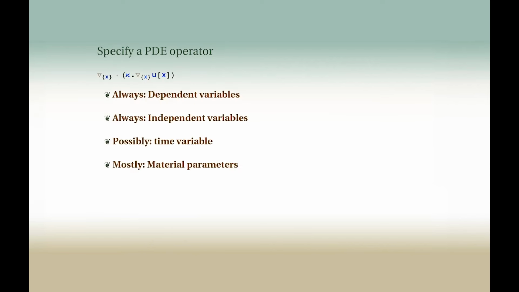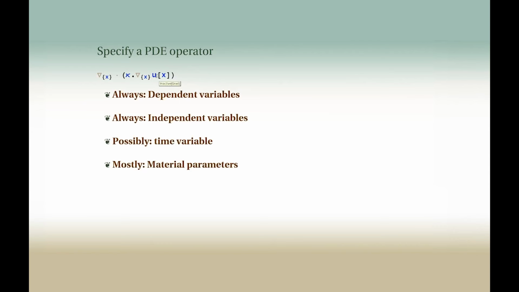To recap a little bit, what I mean by a PDE operator is, if we look at this diffusion type of equation or operator here, we have a divergence, a gradient, a parameter, a coefficient so to speak, and u and x. All partial differential equations, or all differential equations for that matter, that we model always have a dependent variable.